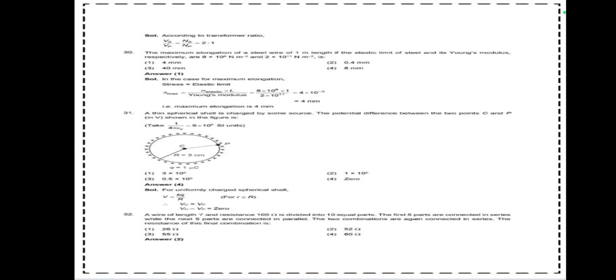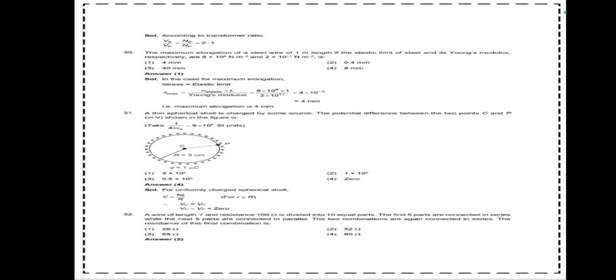Question number 31. A thin spherical shell is charged by some source. The potential difference between the 2 points C and P and B shown in the figure is, answer is 4, 0. Question number 32.